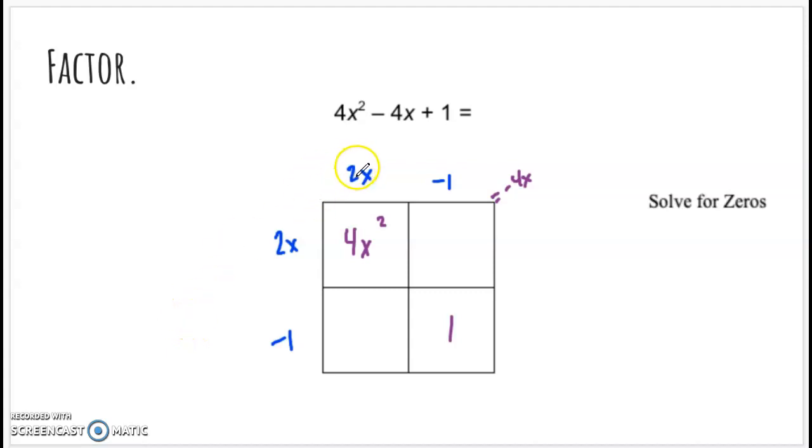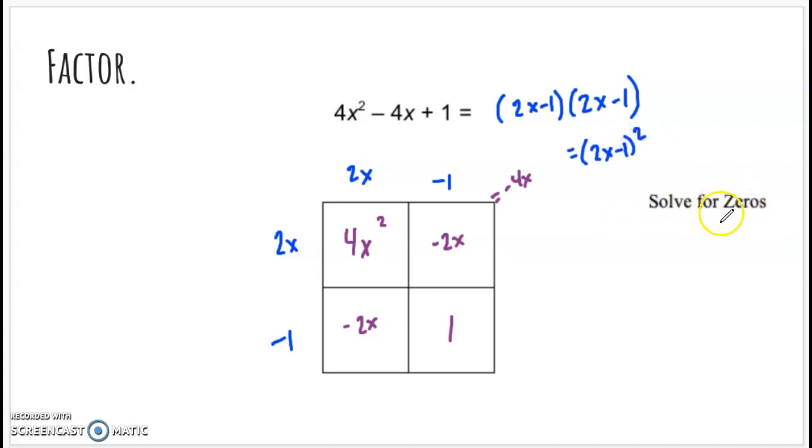So 2x times negative 1 gives me negative 2x, and 2x times negative 1 gives me negative 2x, and negative 2x plus negative 2x, yep, that made my negative 4x, so it worked out. So I've got this perfect square trinomial, and I know my factor pair ends up being 2x minus 1 times 2x minus 1, or the shortened version, which is 2x minus 1 quantity squared.